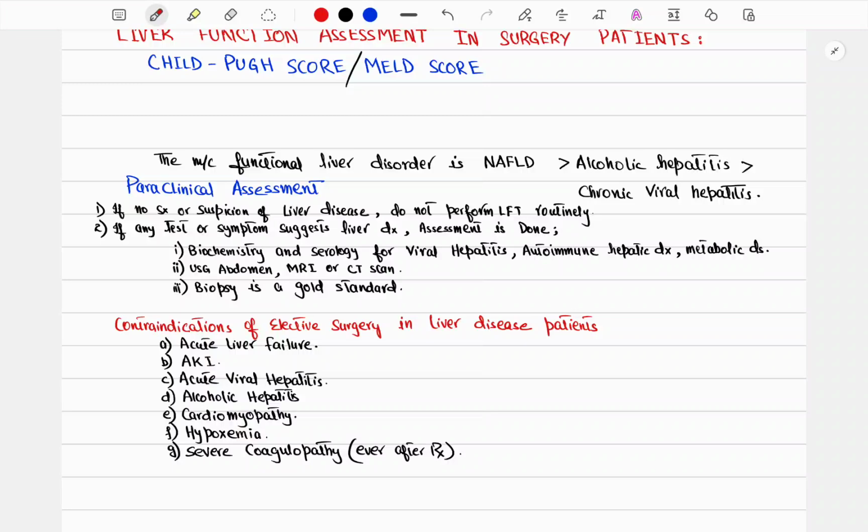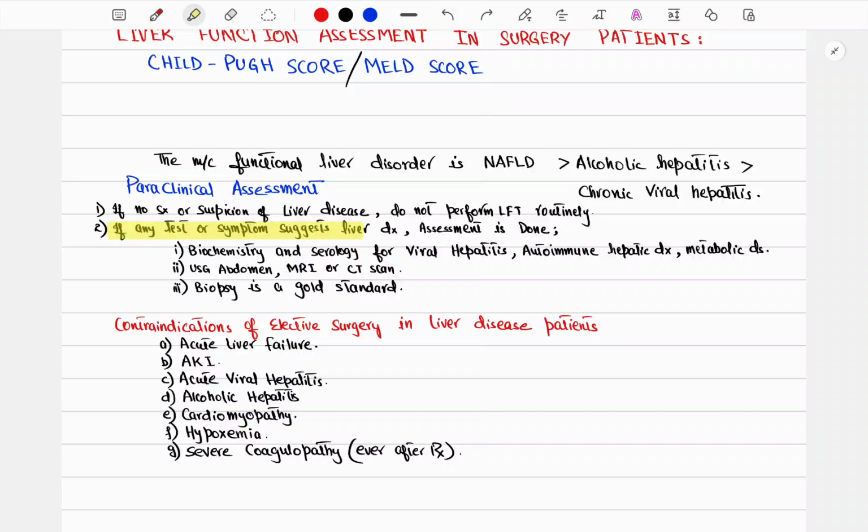For paraclinical assessment, if we do not suspect any liver disease, we do not perform any test. But if there is any symptom which suggests liver disease, assessment is done.